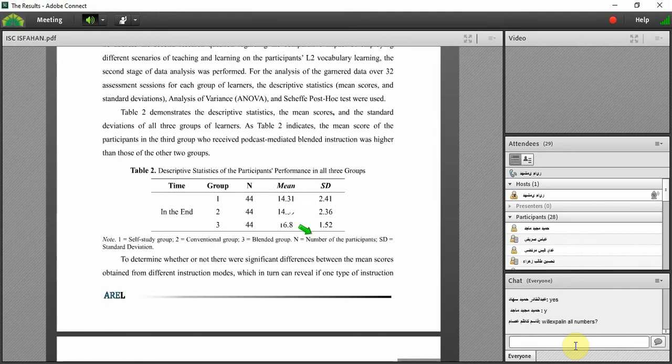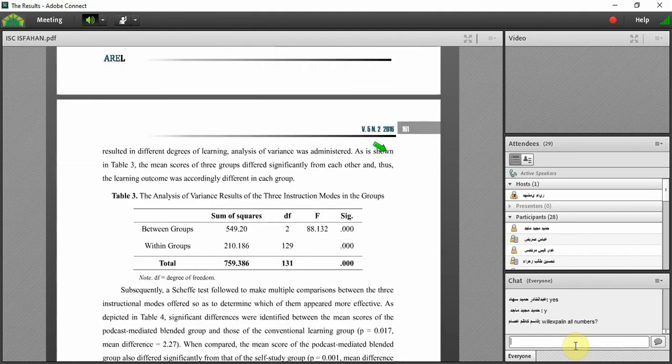Do you understand anything between the variable group 1, group 2, group 3? It's very difficult for you. But here you have a small text about the relationship between all these groups. As table 2 indicates, the mean score of the participants in the third group was higher. This is a very good example. Did you get the point?